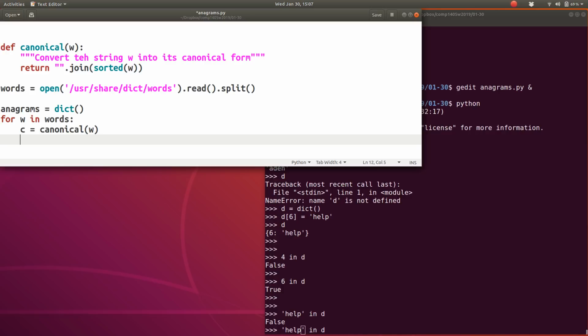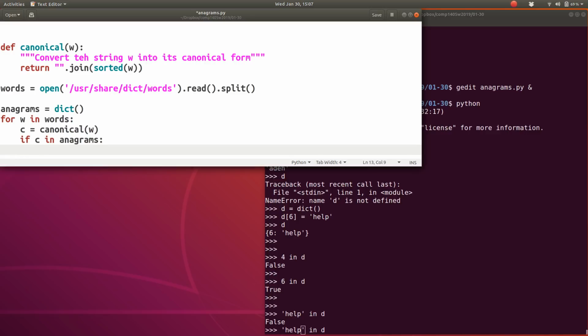So first thing we want to know is, we see this new word, we sort it to get its canonical form, and we'd like to know, have we ever seen this thing before? So have we ever seen a word like this before? So we can say, if C is in my dictionary of anagrams, then I should do something.